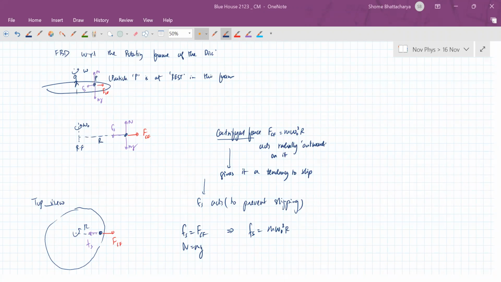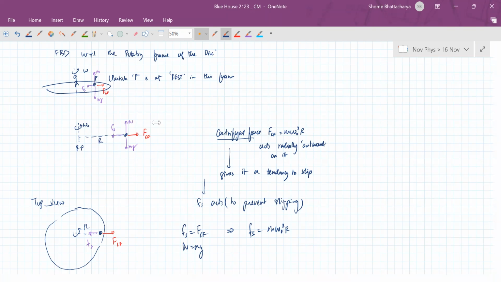What's RF in the diagram? Sorry, come again? RF in the diagram, the second one. The second diagram is the top view. So r is the distance of the particle from the axis of rotation.